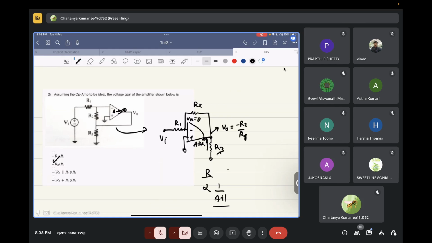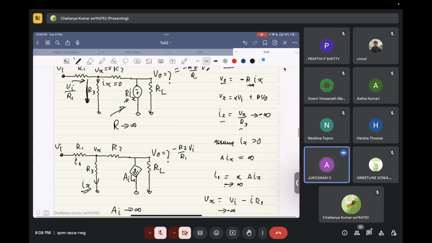The other thing is actually designing a circuit. How does a circuit come up? If you are able to design a circuit, then you will be able to see what a circuit is actually doing. So basically, sir, why didn't you take R3?